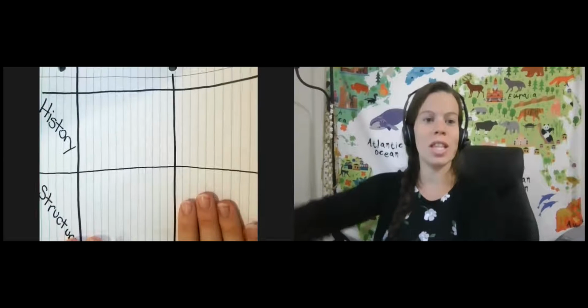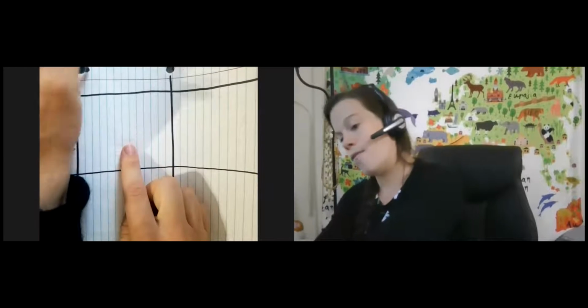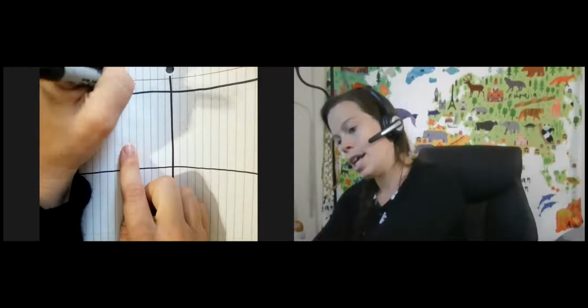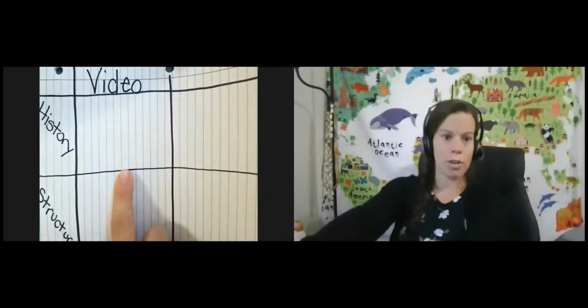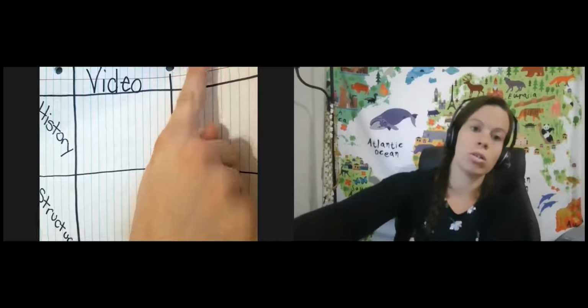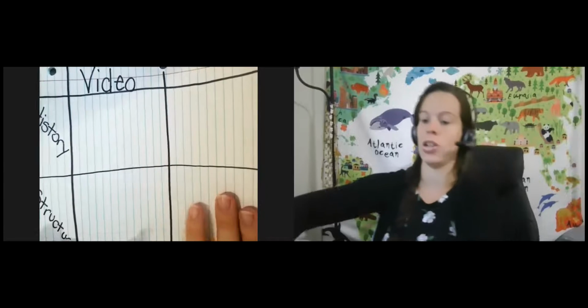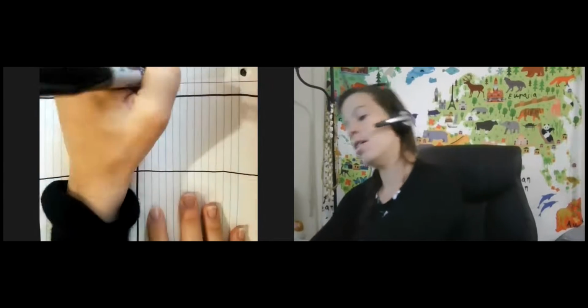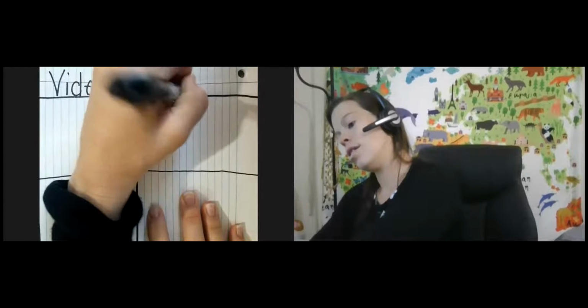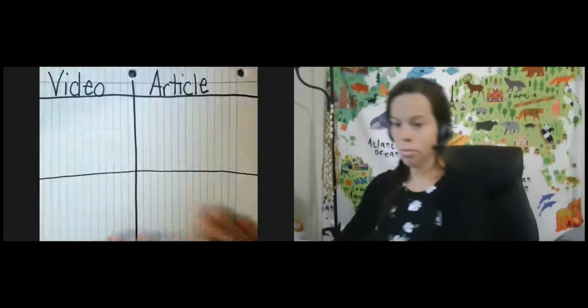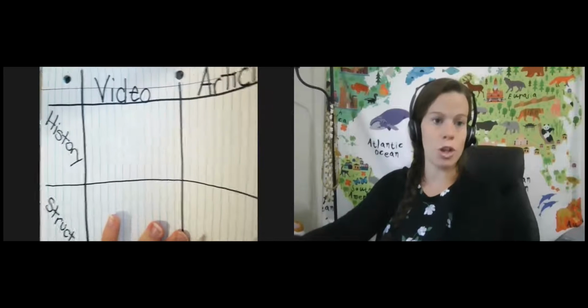All right, so in this column, what we get from the video is what we'll write in these two boxes. We'll do the article and write in these two boxes later. Now we're going to do the same thing for the other two main ideas.